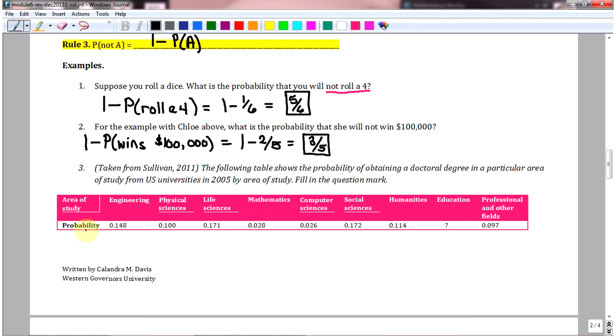Assuming that these are all of the areas that doctorates were obtained in, the probability of getting a doctorate in education is the same as its complement, 1 minus the probability of getting a doctorate that's not education.